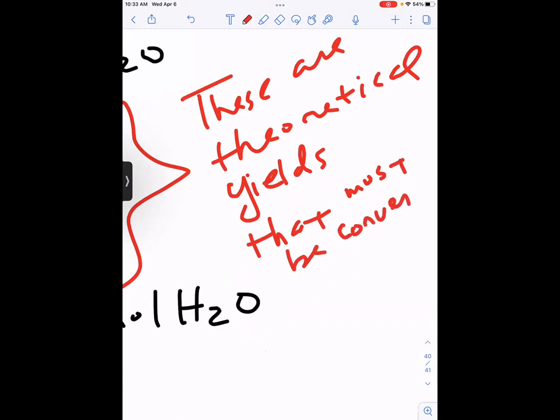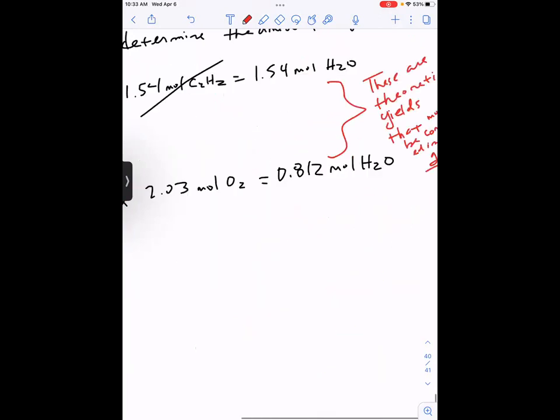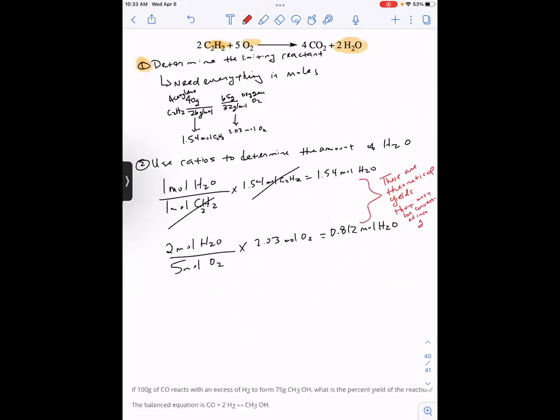So with acetylene, the theoretical yield of water is 1.54 moles, which we can convert into grams. And with oxygen, the theoretical yield is 0.812 moles, which we can convert into grams. But which one is less?